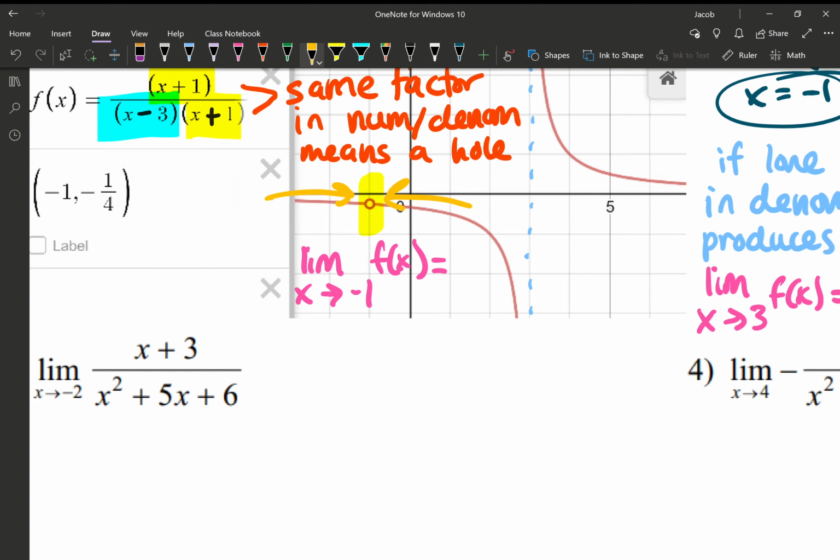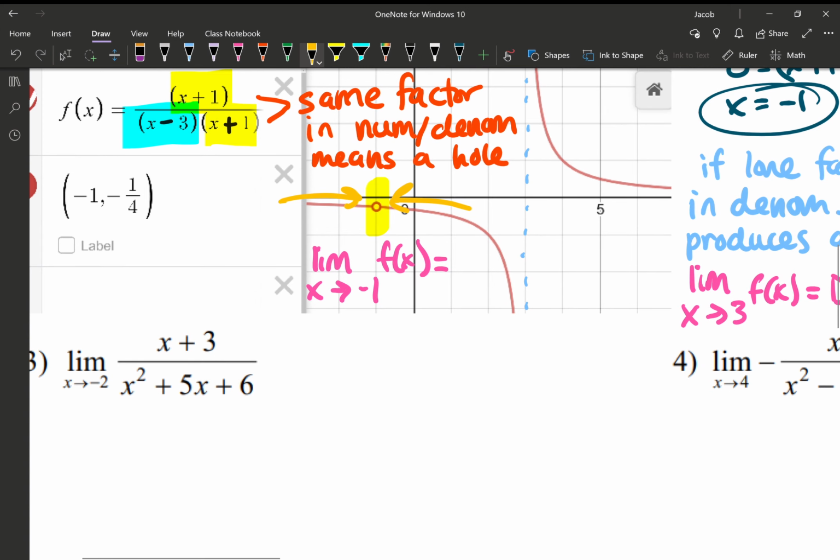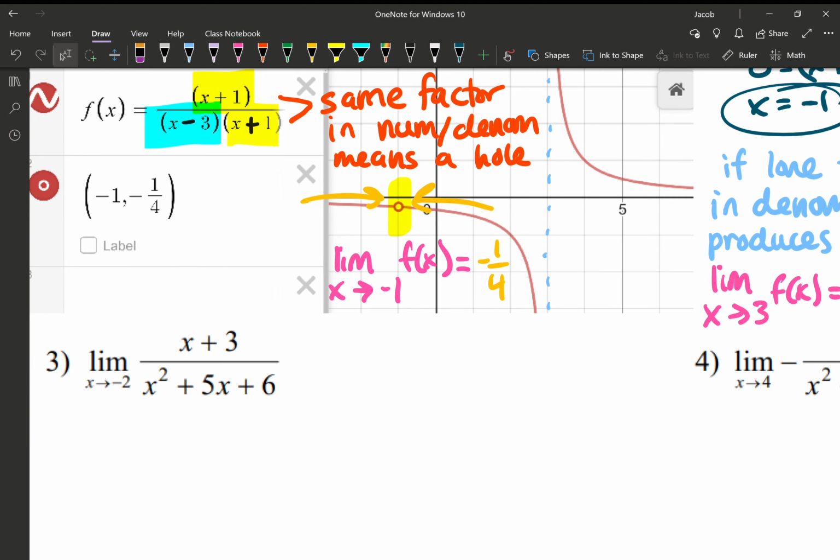Now, I've already shown what the point is. As we approach -1, our y value is -1/4. But the way to determine that is just remove the hole. So we will remove, that's why we call it a removable discontinuity.